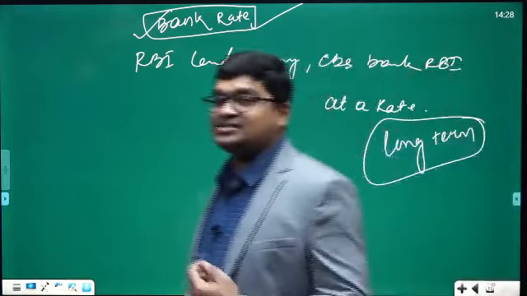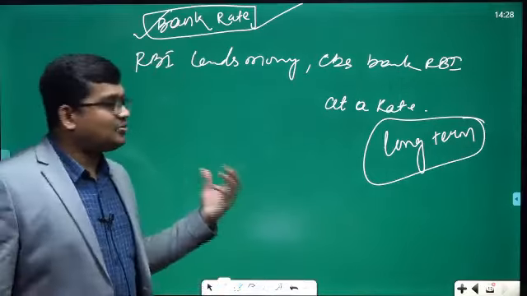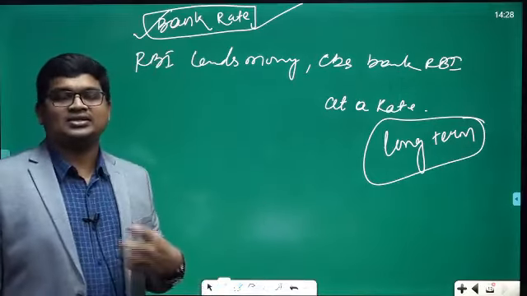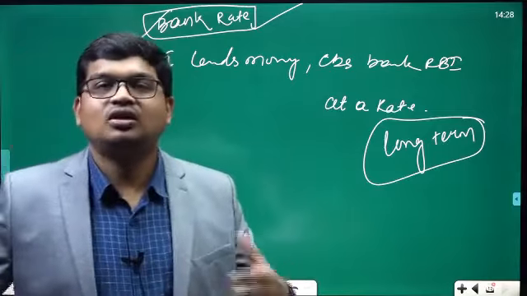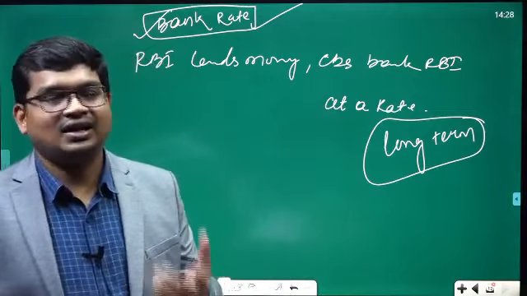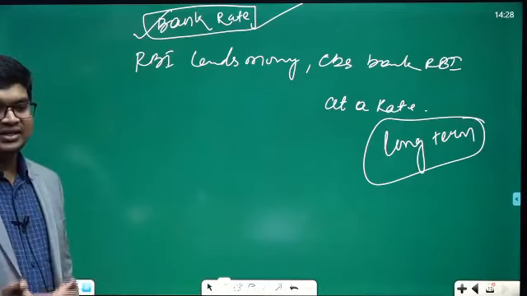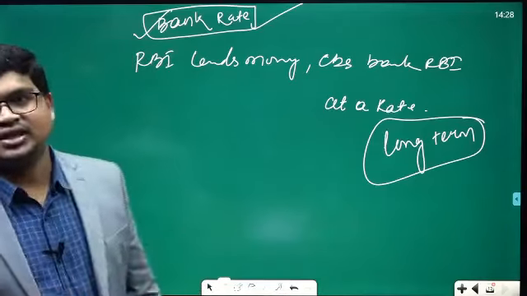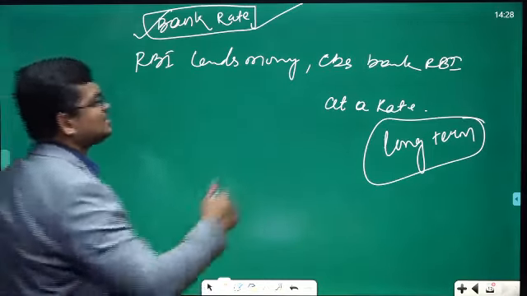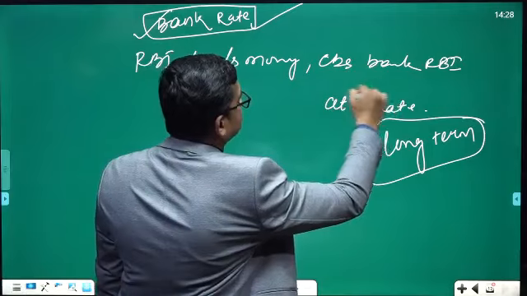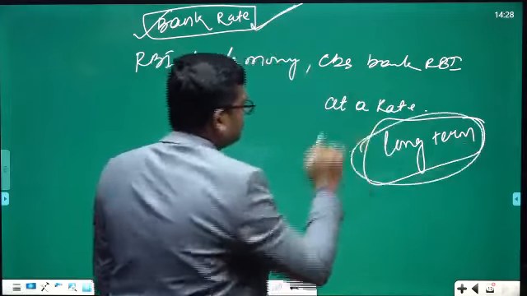Now the question is, what exactly does RBI keep with itself against this loan, or what is the collateral, or you can say what is the security against it? There is no such security or collateral given against this bank rate or against this long term loan.